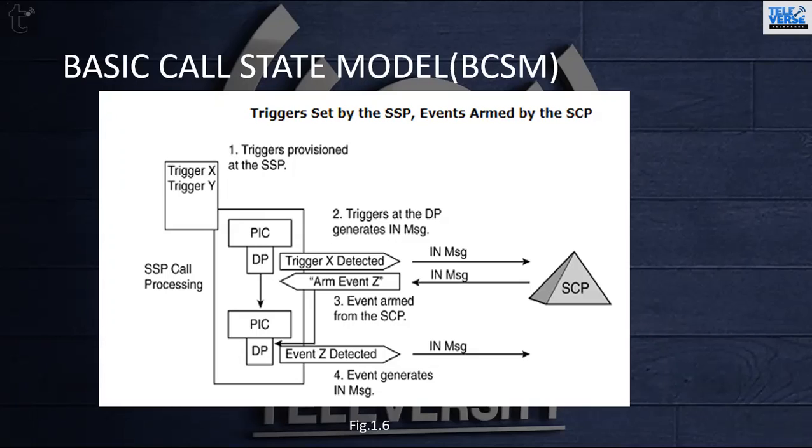So it's PIC DP, PIC DP, PIC DP. At every DP, there's a message, then IN feeds back. So it's just feedback and notification, back and forth between the SSP and the SCP. We'll dive deeper into that as we go to module 2.